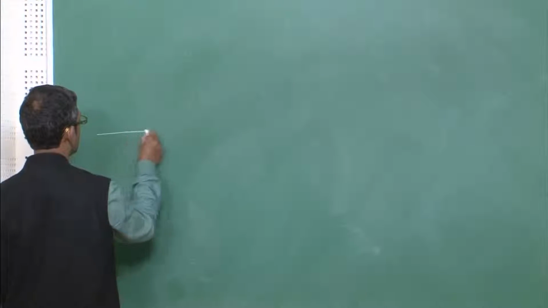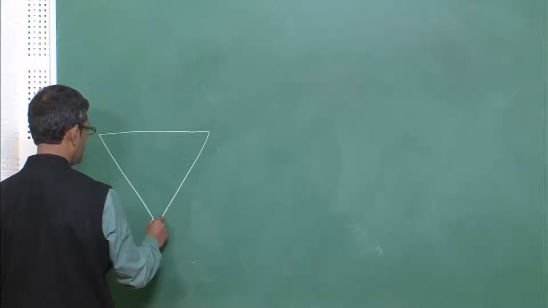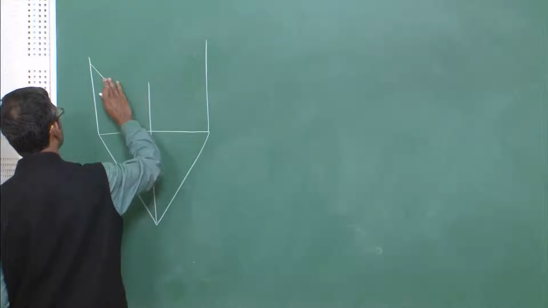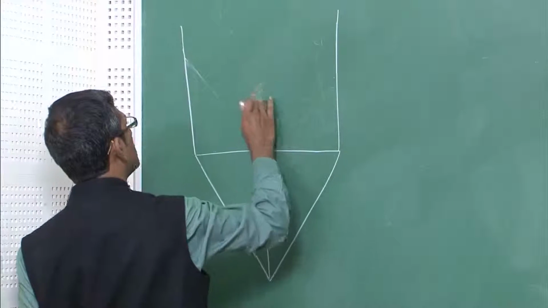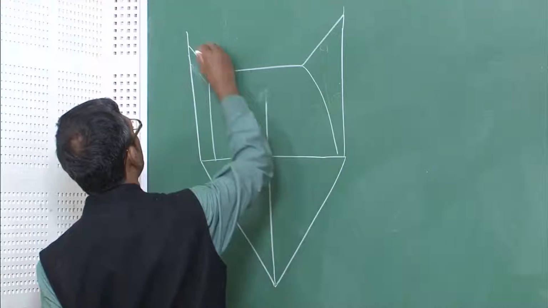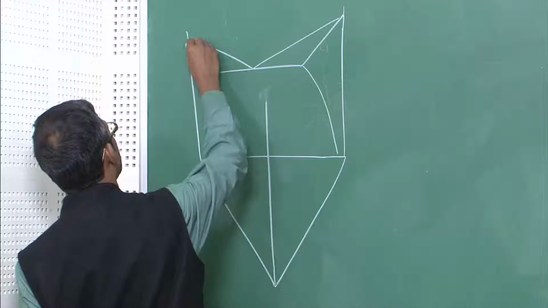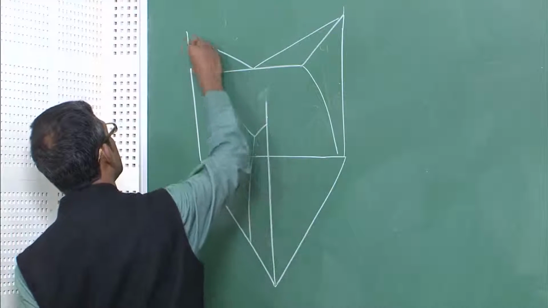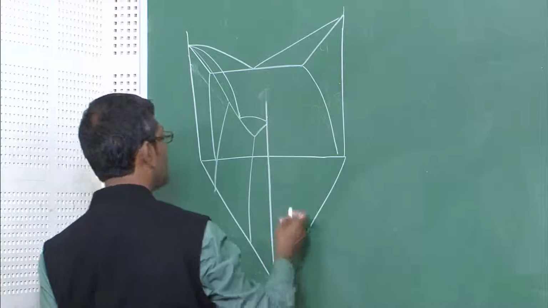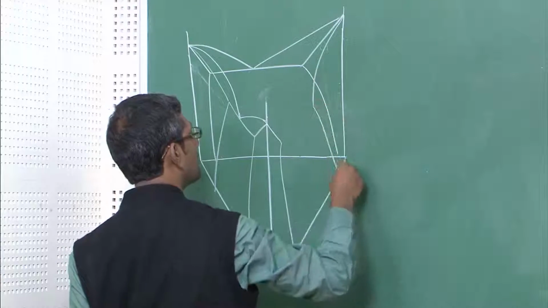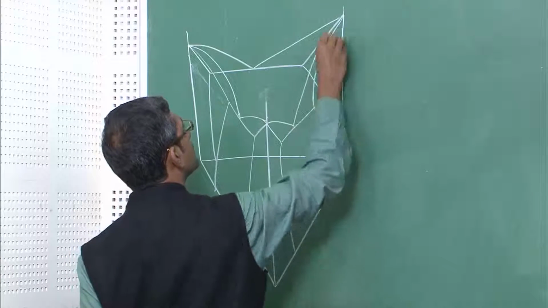So, I am going to draw this one for a eutectic in which B has a higher melting temperature than A and then C, okay.